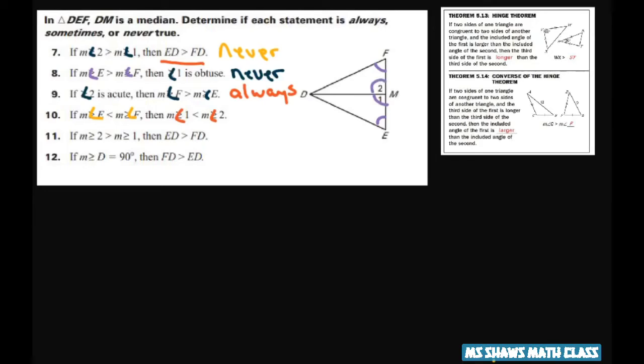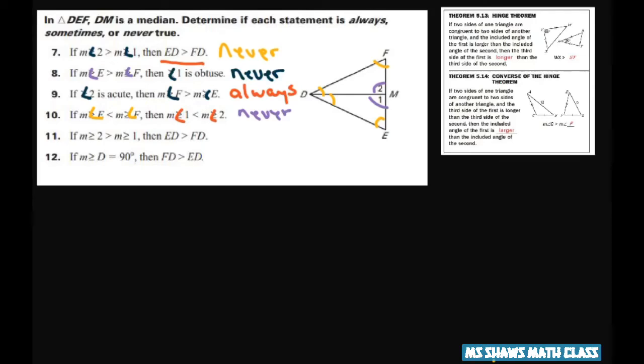So that's going to be never. Just look at it: if the measure of angle 1 is less than the measure of angle 2, then F has to be bigger than the measure of angle E, because these two angles are congruent.